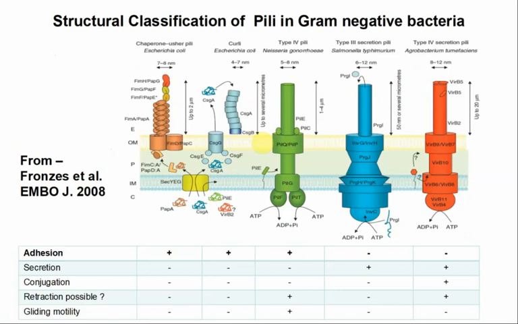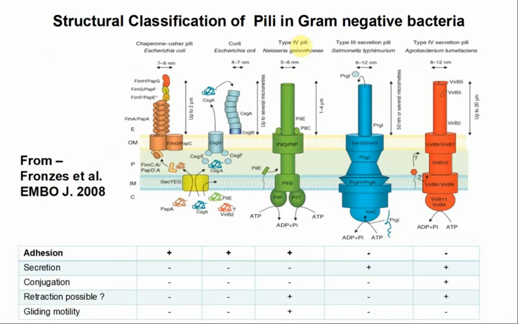Now, when you talk about different types of pili, you can see we've got type 3, we've got type 4. Well, where's type 1 and type 2? Well, from what I understand, when microbiologists were trying to classify fimbriae and pili into different groups, they started out with a serological classification. So there were groups 1, 2, 3, and 4.